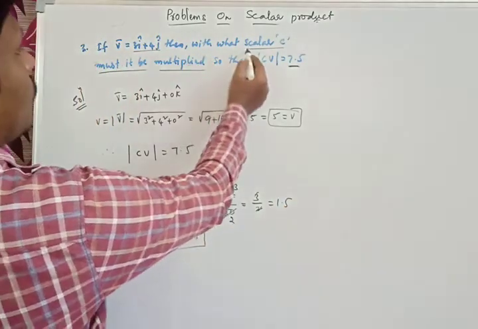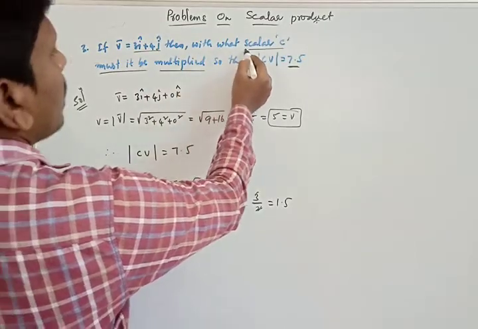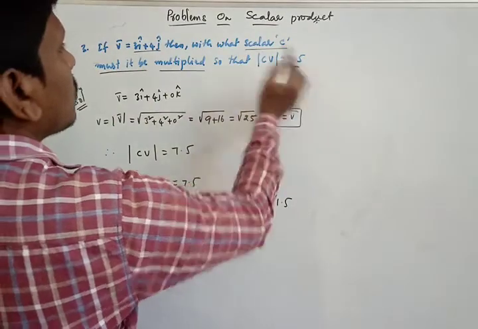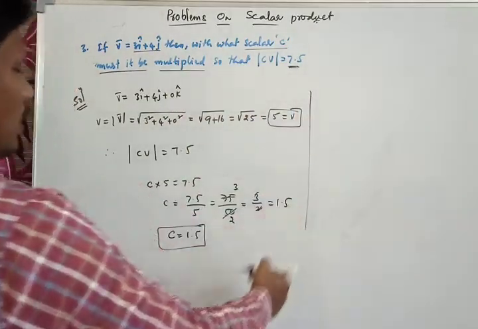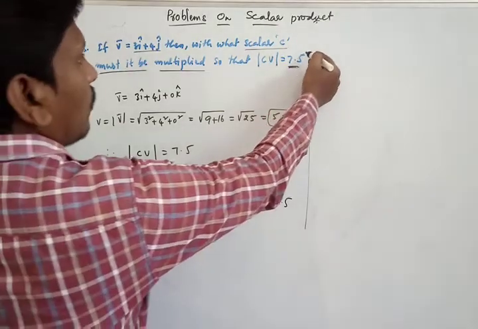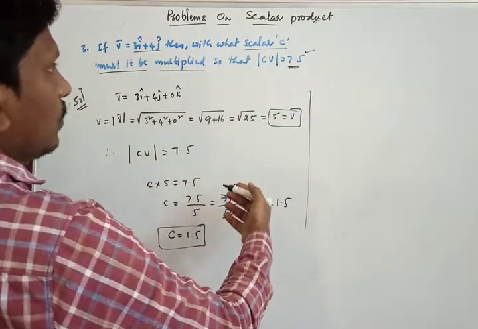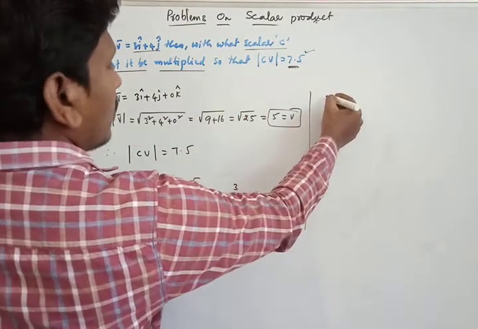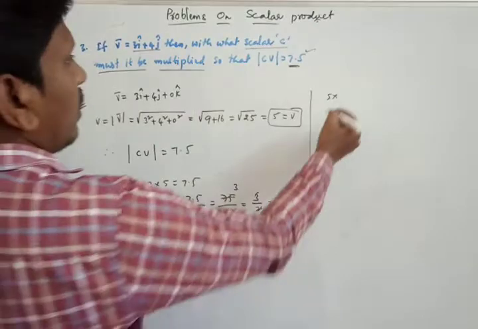Okay, so what is the scalar C? It must be multiplied so that we will get this much. We can also verify whether we get this 7.5 or not. Write down this V into C. V is nothing but 5, and C is nothing but 1.5.